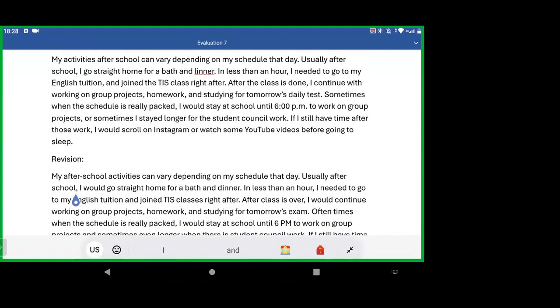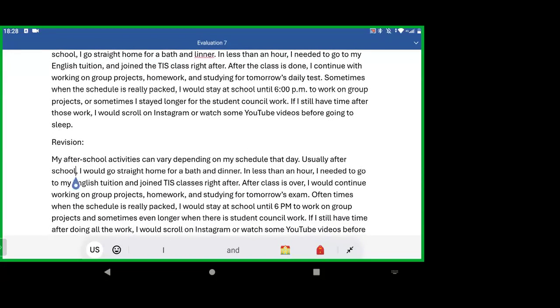And then the next one we have: "In less than an hour, I needed to go to my English tuition and join the TAS class right after." So in less than an hour, comma, I needed to go to my English tuition and join the TAS class right after.